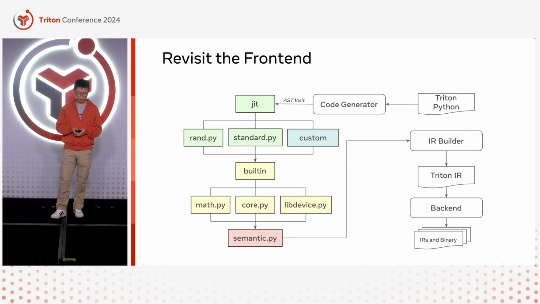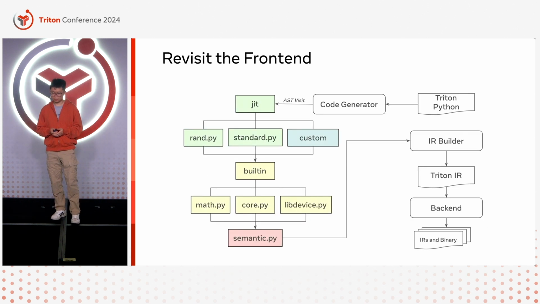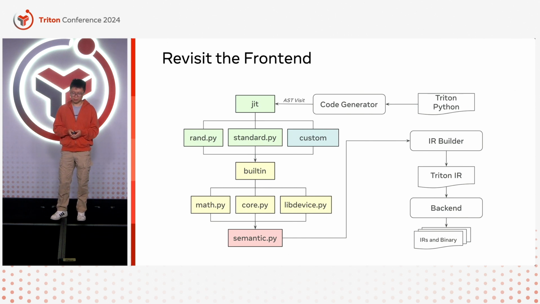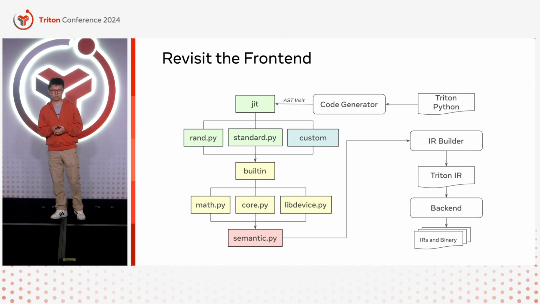Okay, so before introducing the use of the Triton interpreter, I want to remind you of some background context about Triton's front end. We begin with some Triton programs written in Python. Then to generate executable binaries, the Triton compiler is going to invoke a module called the code generator, which is going to iterate over the AST of the Python function.